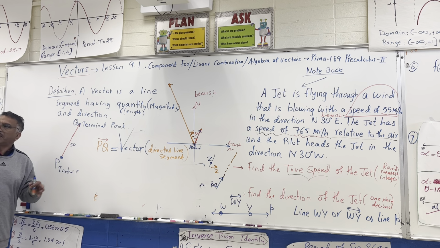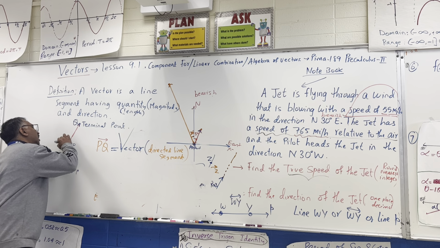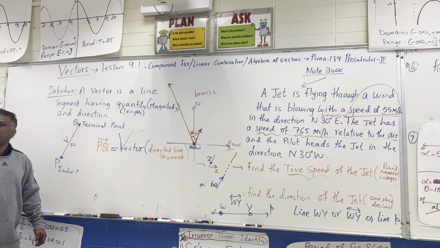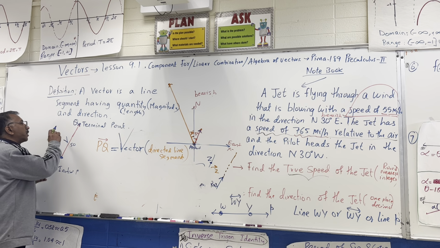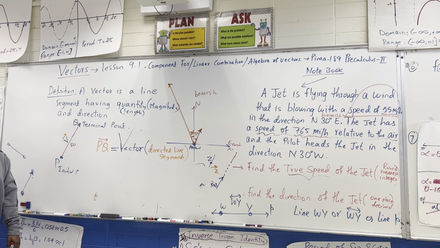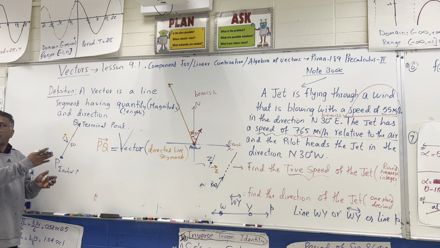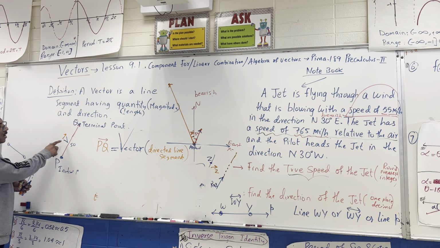Vector starts with V. Can you see that? So let's call this lowercase v. But we'll put a little mark on it. So that's the representation of the vector from P to Q.